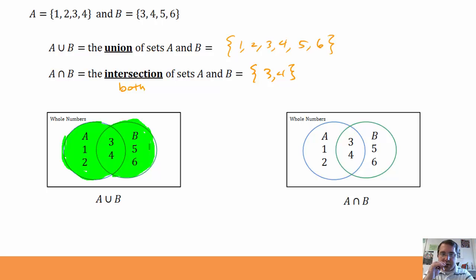Now, A intersection B is only those things that are in both. So that is only the intersection in this Venn diagram. It's only the 3 and the 4 in the middle. Okay? Make sense? Good.